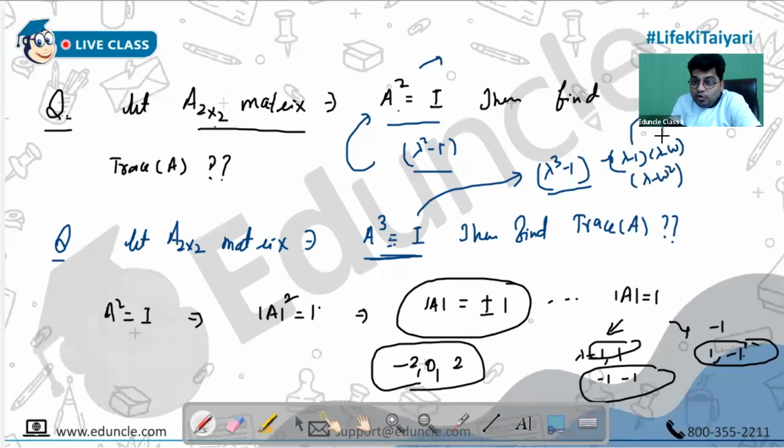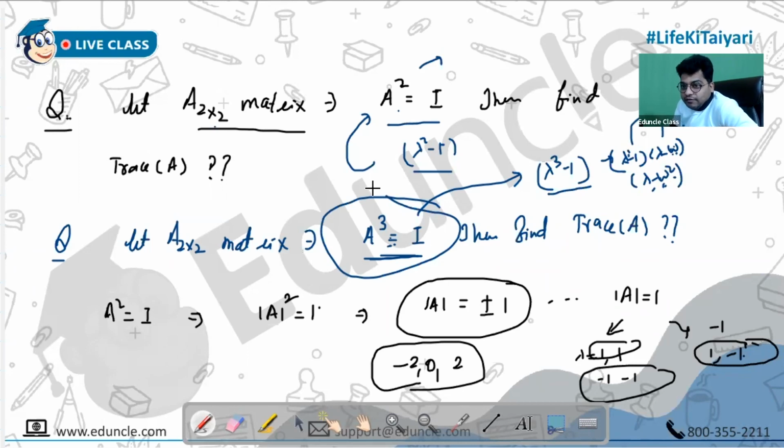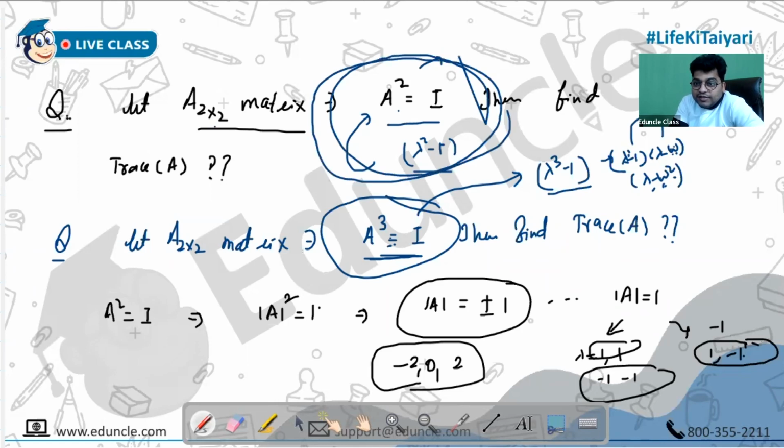If these two are roots of the characteristic polynomial, then multiplying gives 0, so that will also come, and if these two are, it will also give 0. It means in this case we cannot say anything about exactly what the characteristic polynomial is and what the exact eigenvalues are. But in this case we are sure this is only the characteristic polynomial.